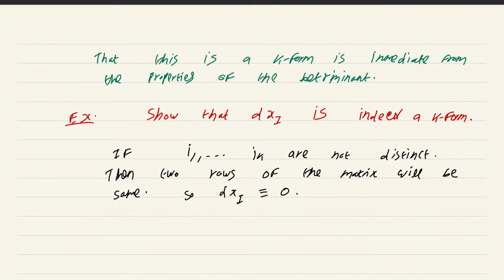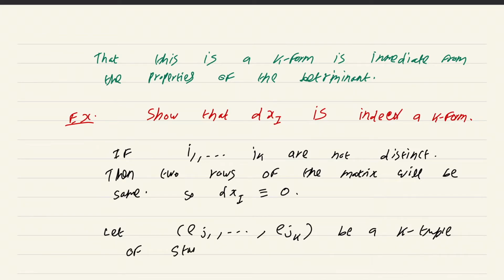Let ej1, ..., ejk be a k tuple of standard basis vectors. So what I'm doing is taking some k of the standard basis vectors and putting them inside this k tuple. Again, I do not assume that this tuple has no repetitions or any such thing. It could all be E1, for instance. I'm making no such assumption.